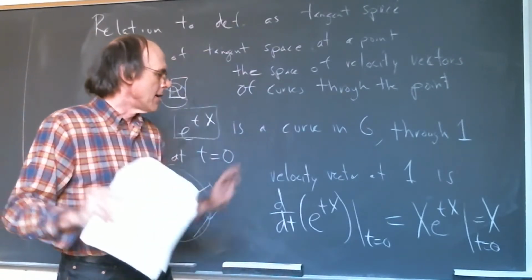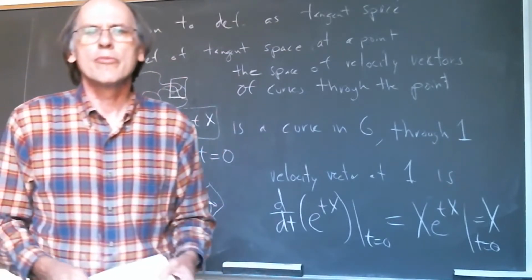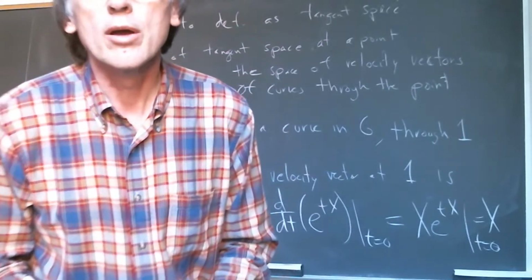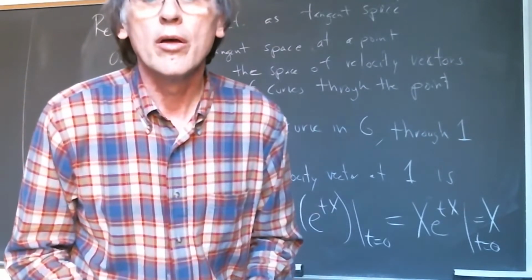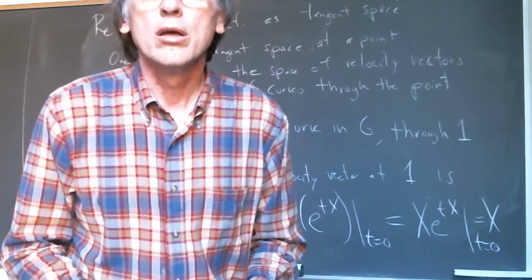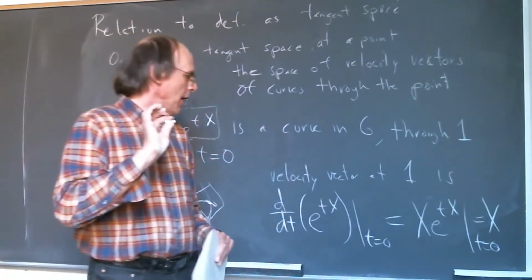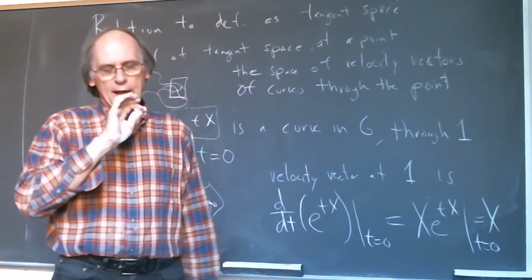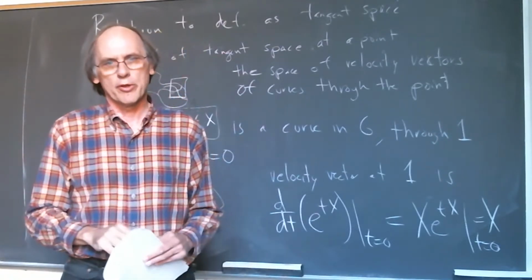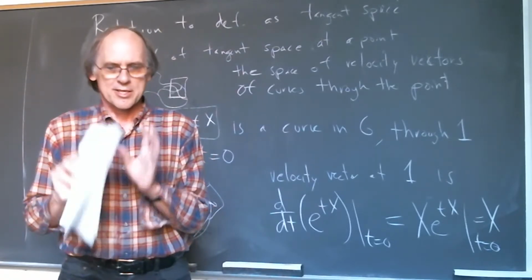For compact groups, these e to the tX are geodesics. Anyway, I don't want to get into the general theory. I want to stick specifically to what we're doing.